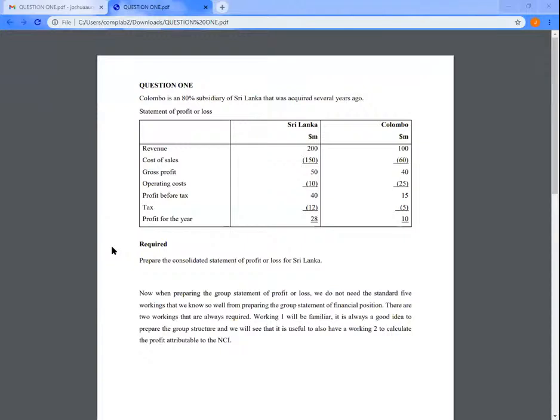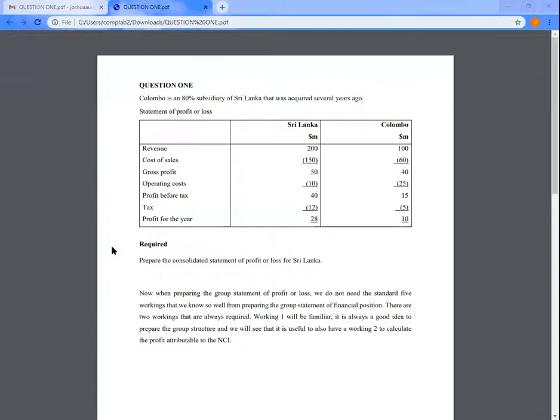So operating costs, we have 10 and 25. So 10 plus 25 gives me 35. I need to subtract: 90 minus 35, that gives me what here? Somebody, is it 55? Yes, that gives me 55.